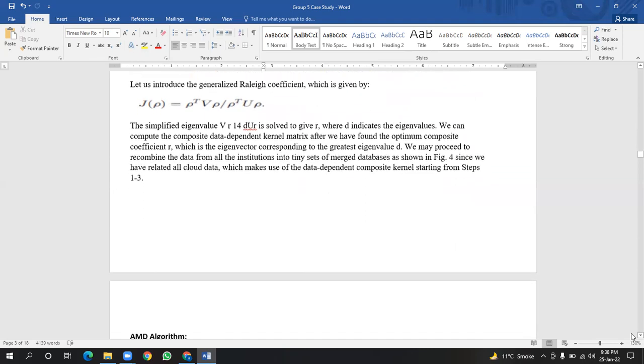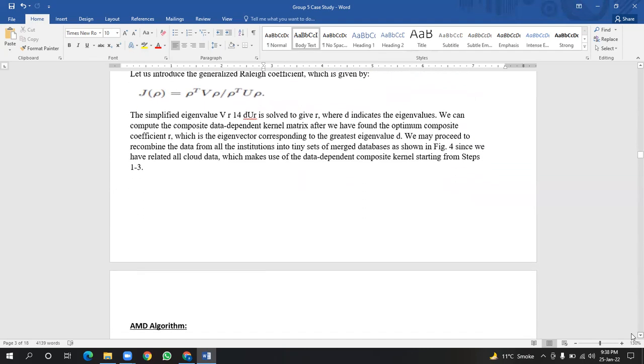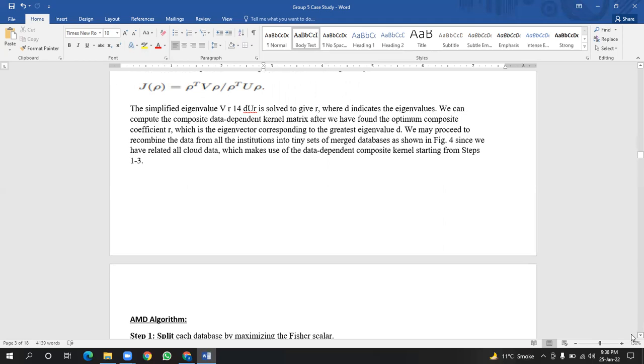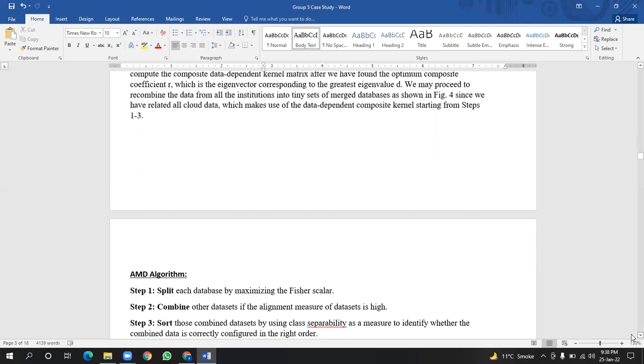We can compute the composite data-dependent kernel matrix after we have found the optimum composite coefficient R, which is the eigenvector corresponding to the greatest eigenvalue D. We may proceed to recombine the data from all institutions into tiny sets of merged data as shown in the figure, since we have related all cloud data which make use of the data-dependent composite kernel from step 1 to 3.